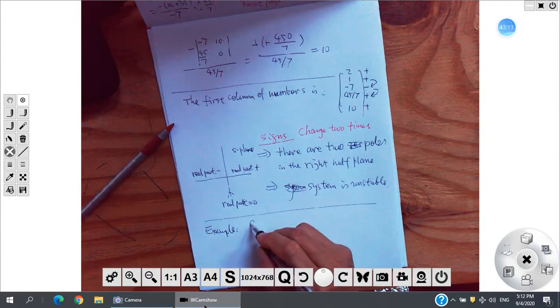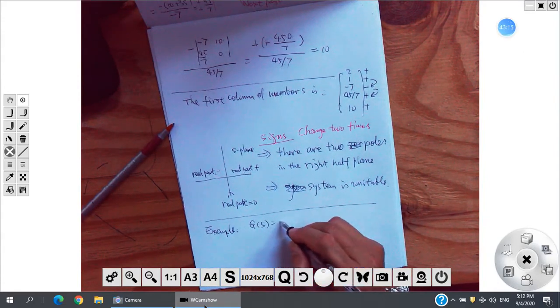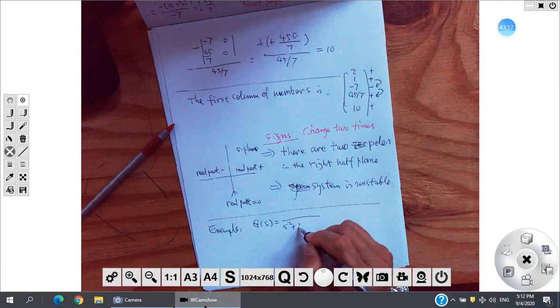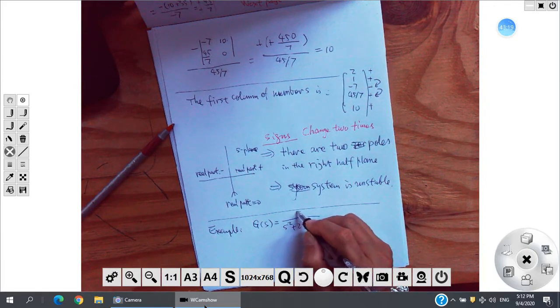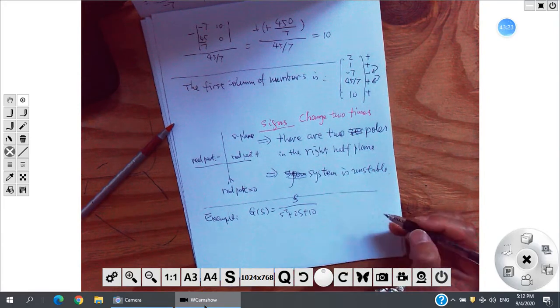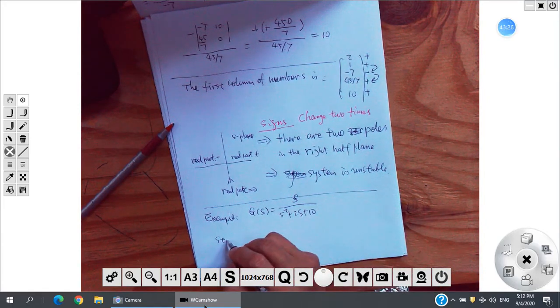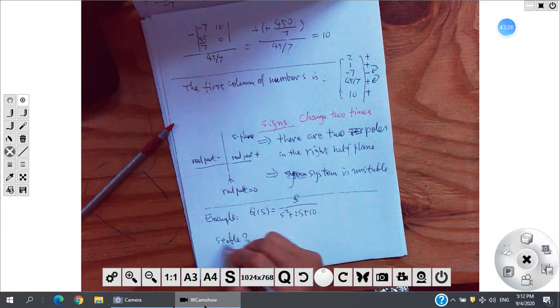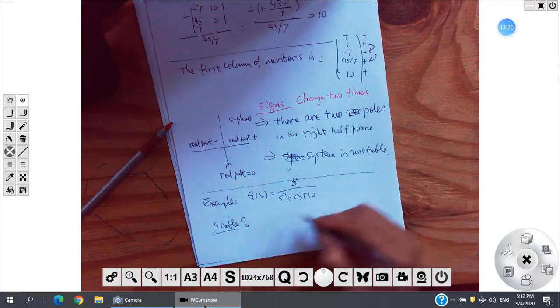The system has transfer function equal to s squared plus 2s plus 10 over this denominator. Stable or not? We check this table.